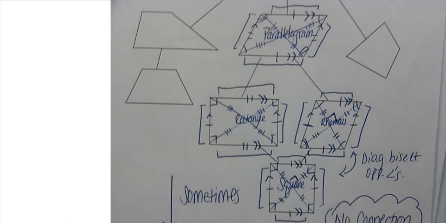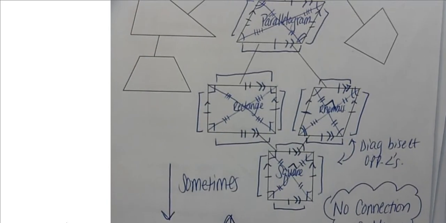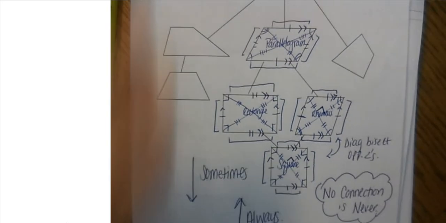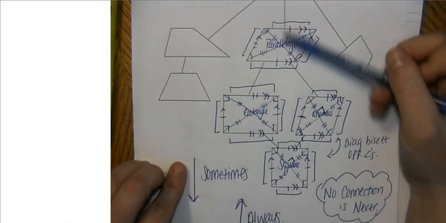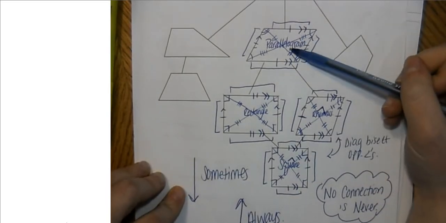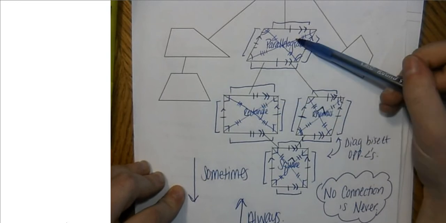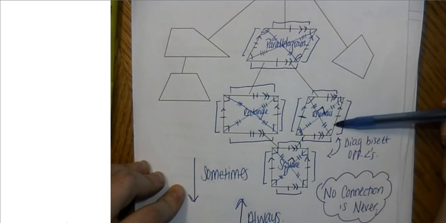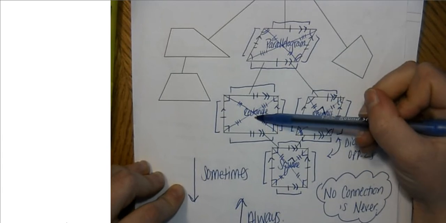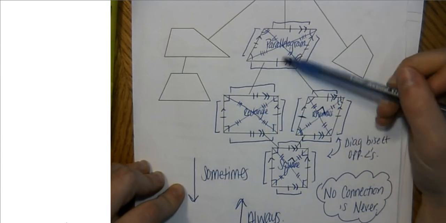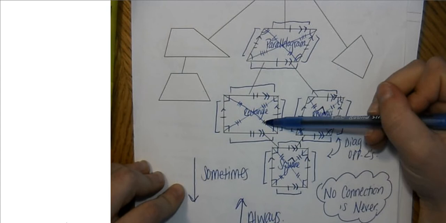So I just went through all of our markings that are really important pertaining to the parallelograms. Once again, if we're going down the chart, a parallelogram is sometimes a rectangle. It is sometimes a rhombus. It is sometimes a square. A rectangle is always a parallelogram. A rectangle is sometimes a square.